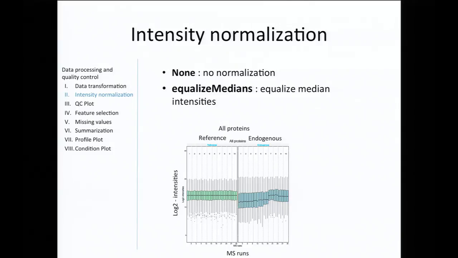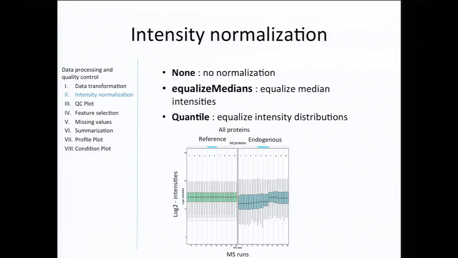If you don't have this label-based workflow, this normalization just happens on the endogenous peptides. Quantile normalization is another option. You don't only equalize the medians, but you equalize the entire intensity distribution. You can see here that all the distributions are the same for all the heavy references.